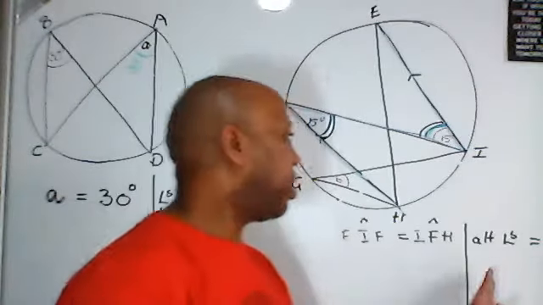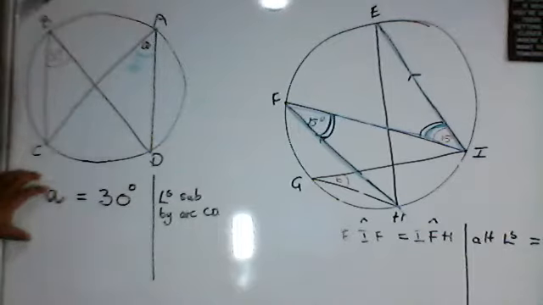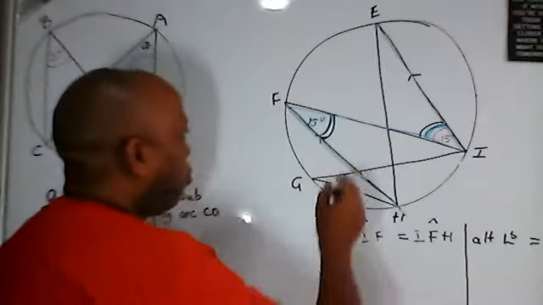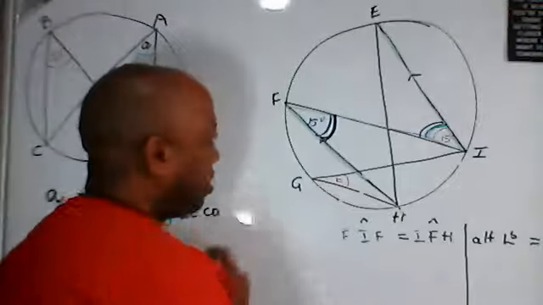Now if we go to theorem 5, just to remind you, theorem 5 states that angles subtended by the same arc, or chord, on the same segment are equal. We have established that this is 15 degrees.